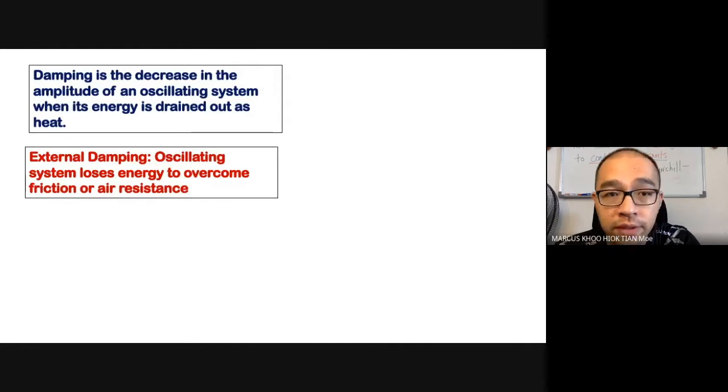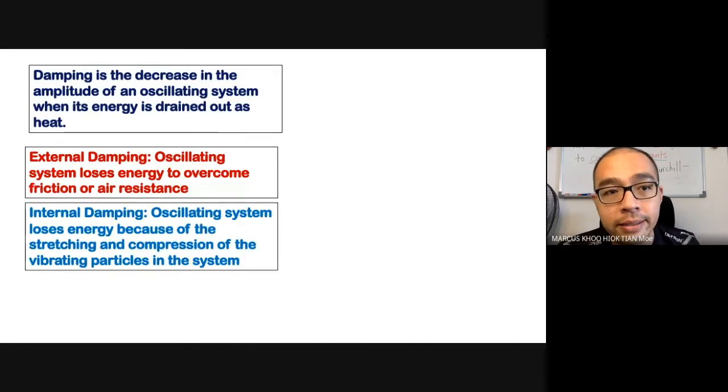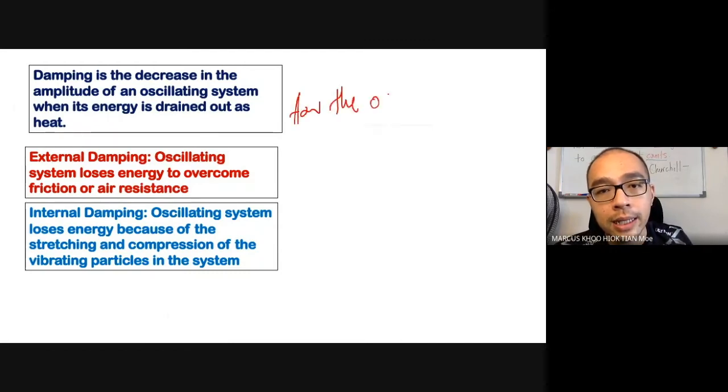There are two types of damping, which is external damping. External damping is when the oscillating system loses energy to overcome friction or air resistance. The types of damping refer to how the oscillating system loses its energy.